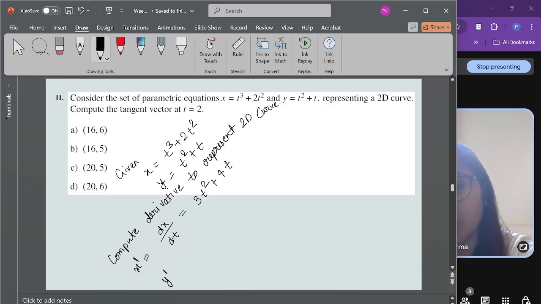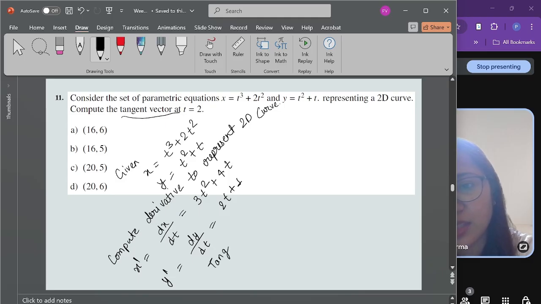Similarly for y, represented by y dash, dy divided by dt, here you will get 2t plus 1. Okay, now they have told us the tangent vector at t is equal to 2.